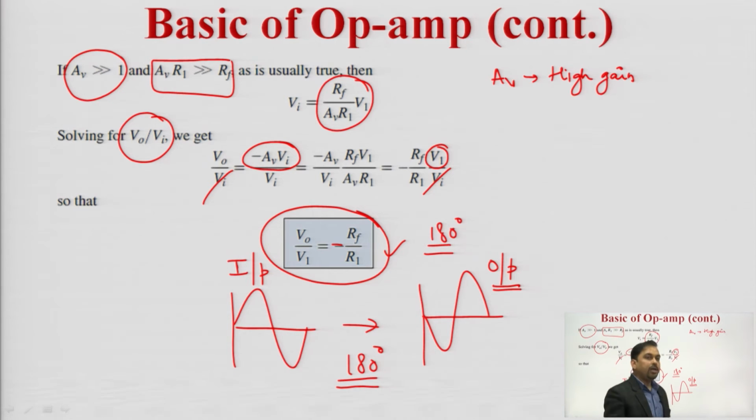So we are going to minimize the gain somehow, and we are going to increase the stability. Our basic concern is that somehow gain reduces, but correspondingly the stability improves, due to which we need to provide some feedback. So for this previous circuit, we have the feedback Rf, that is basically used in a negative configuration. We will see somewhere in our next slides the open loop op amp and the closed loop op amp.